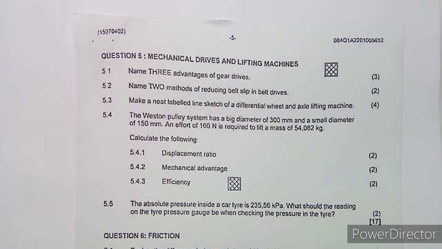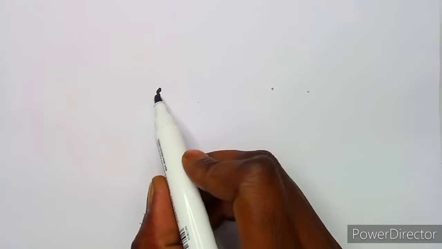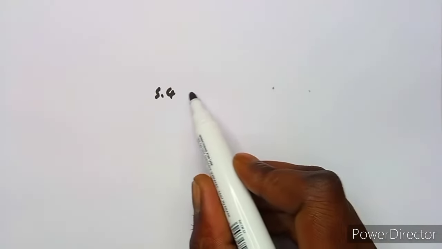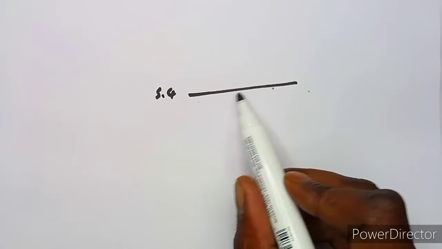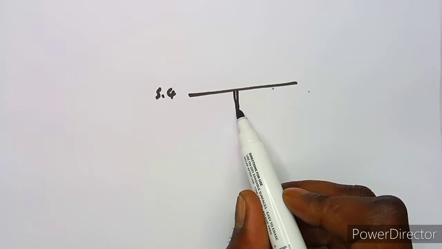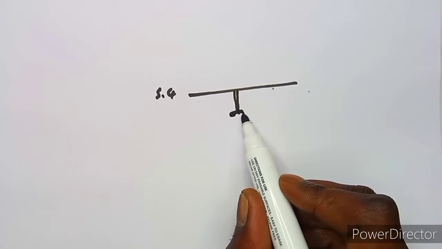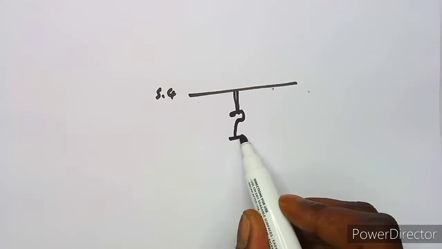Then on 5.4, that's where we are given the Weston pulley system has a bigger diameter, 300 millimeters. So a Weston pulley system is actually, I don't know how I can actually put it, but we will be having something like this maybe, so that we know which pulley we were talking about, which system we were talking about.